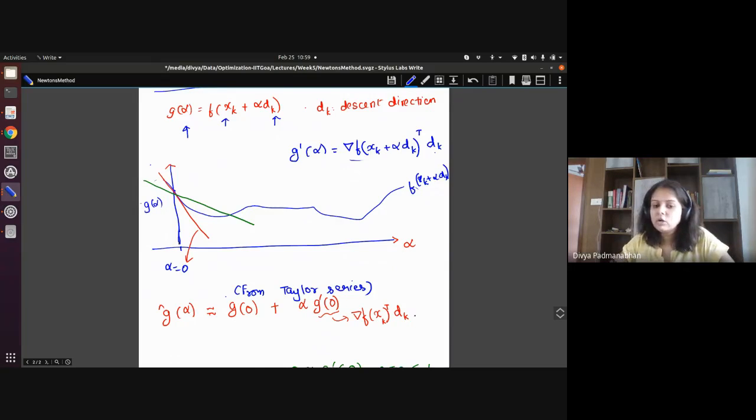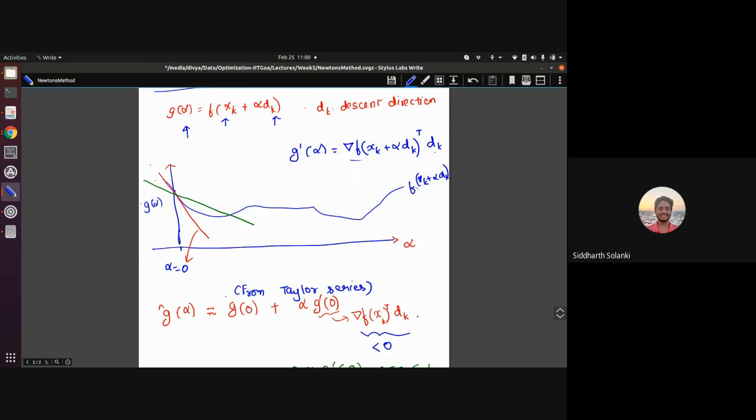Now one thing here is this quantity, gradient f xk transpose dk, is going to be less than 0. Right? Why is that? Any thoughts? It's a descent direction. Yes, exactly.